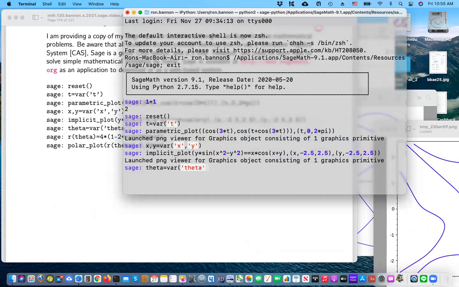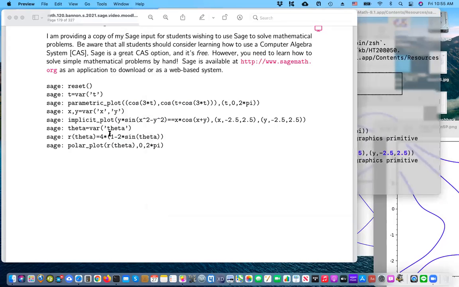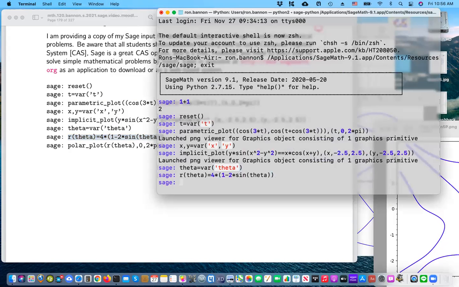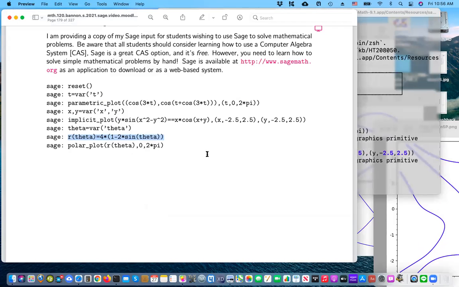So I can use multiple letters now, like we did in Wolfram. A longer line goes in. Maybe I could type this one in. No, I'll just copy it, and we'll talk about it. Did that. Let's do this one over here and see what happens.